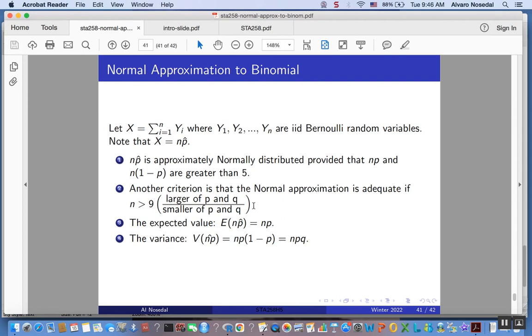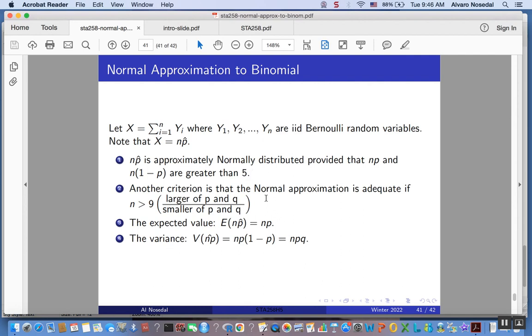And this you guys already know, right? That the expected value of a binomial is n times p, and the variance of a binomial is n times p times q. Anyway, the final comment was this, that you could use one of these two guidelines to see when this approximation is going to work well.